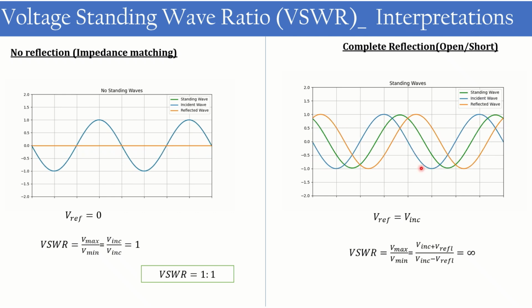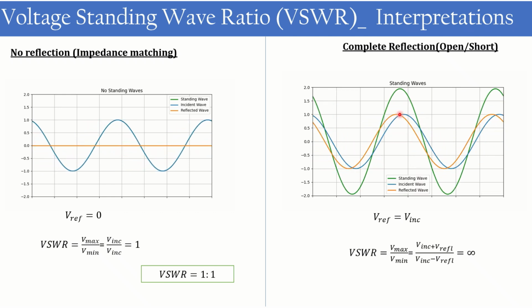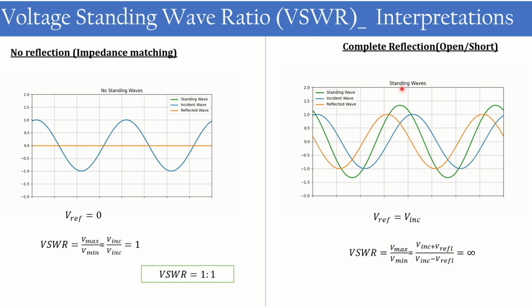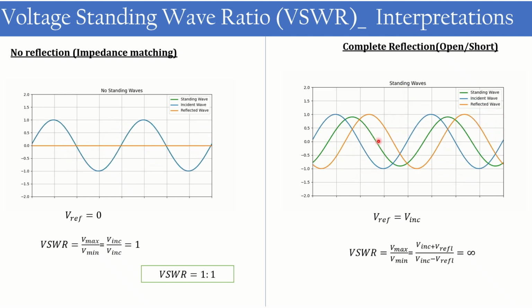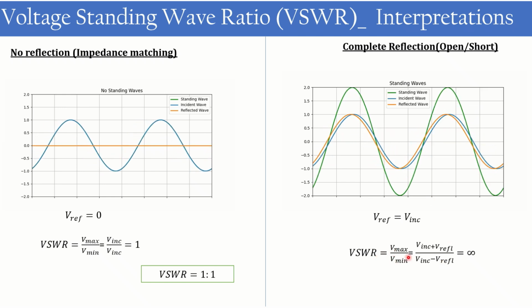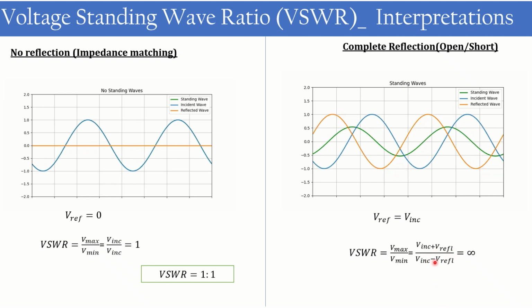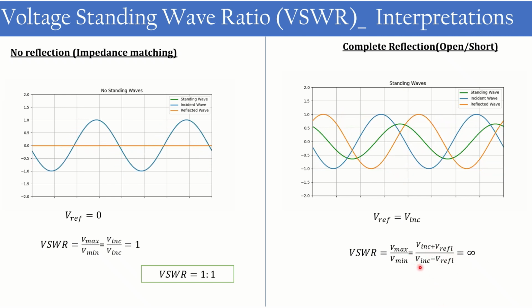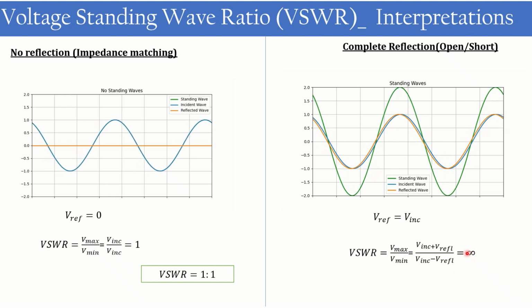When both are destructive, the value is 0, and when both are constructive, the value is going maximum. So both destructive, you can see the value is becoming 0. So the VSWR can be written as Vmax by V minimum, as in this case V reflected is equal to V incident. This will become 0 and VSWR becomes infinity.